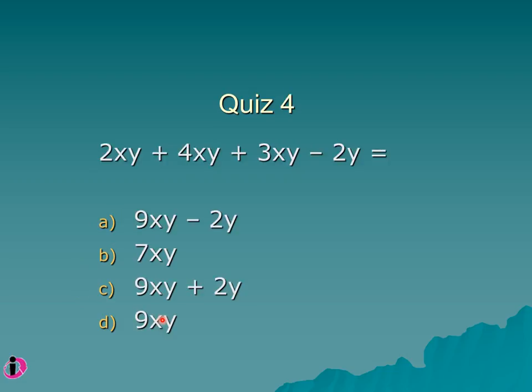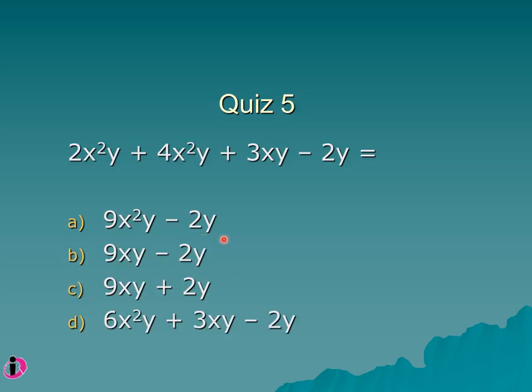How about this one? The first 3 terms are basically like terms, right? Because they all have x and y. If you add, it will be 9xy, and you will keep the 2y as it is, right? The right answer is A. Next one.